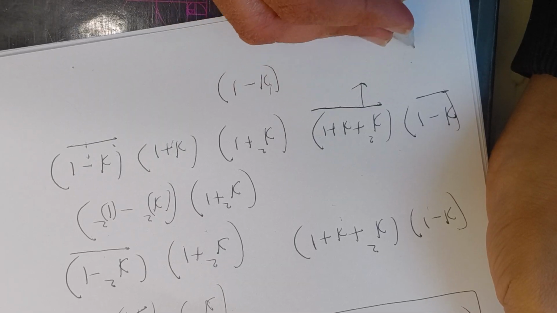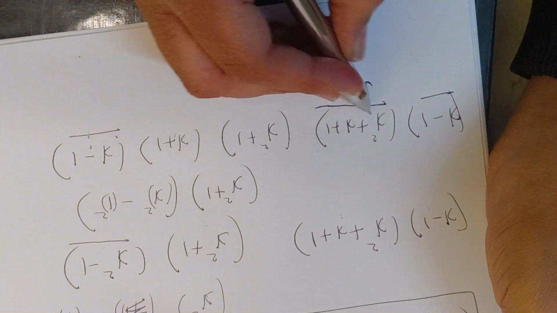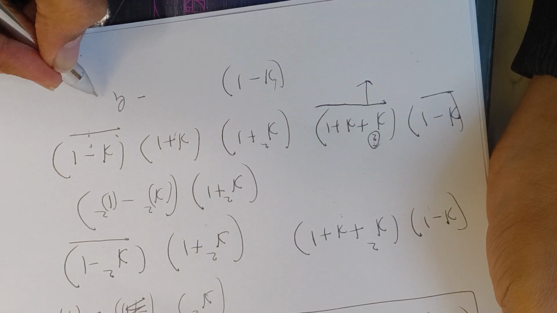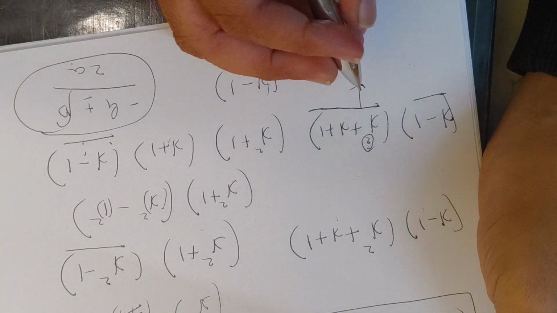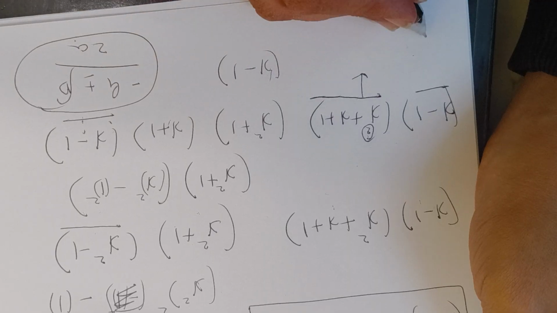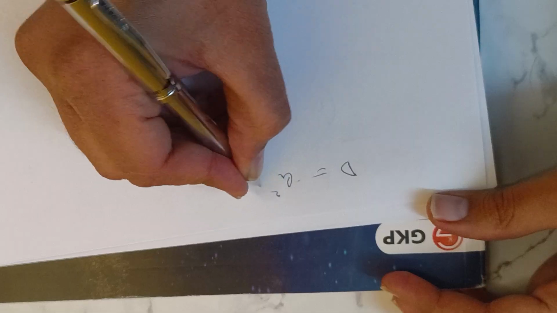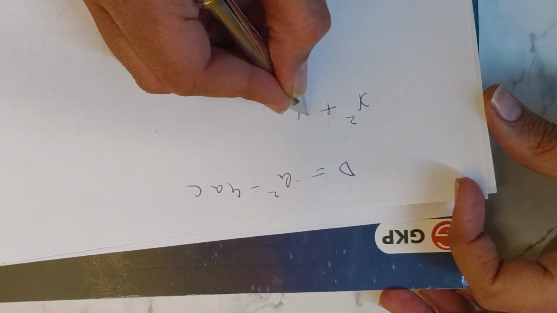See, this is a quadratic equation with degree 2, so when we use the formula, minus b plus minus under root d by 2a, to find roots, let's find the d. D is b square minus 4ac. Our factor was x square plus x plus 1.